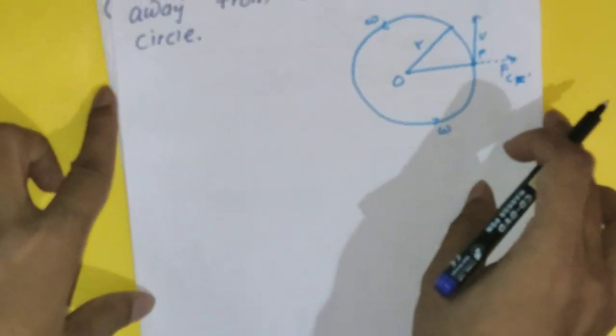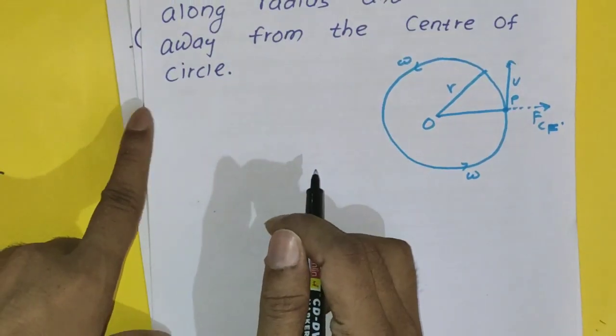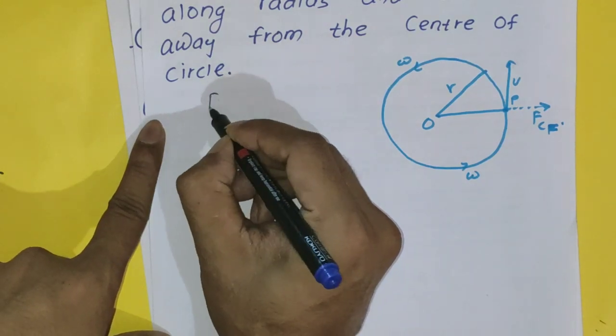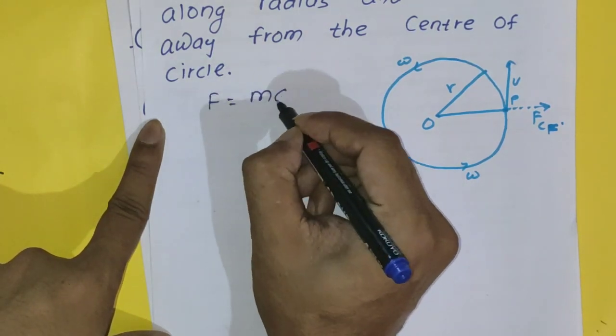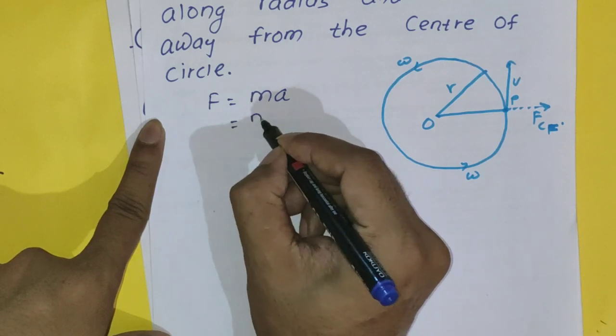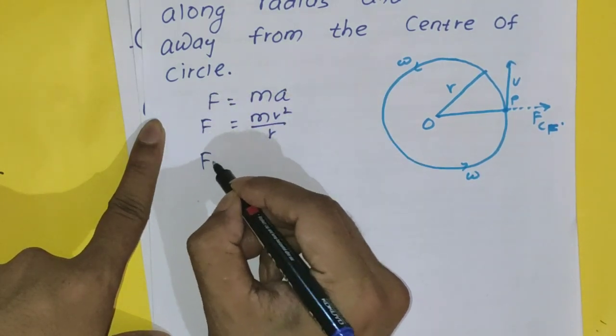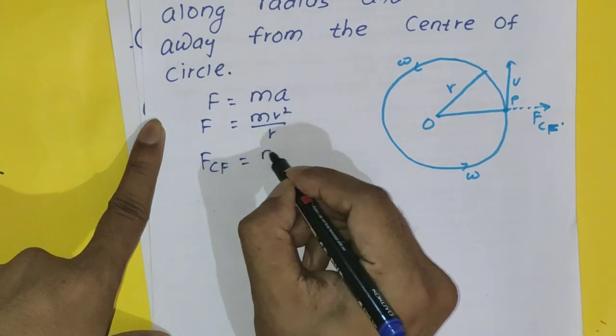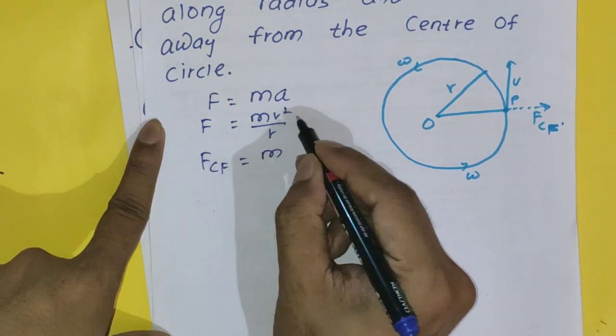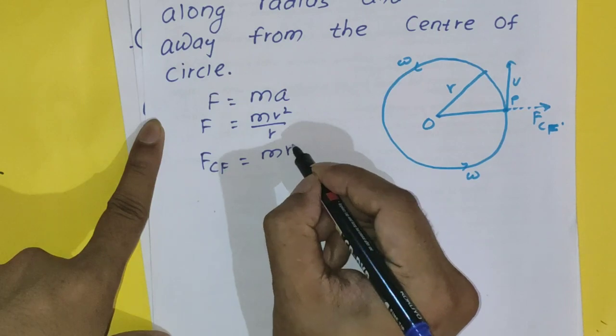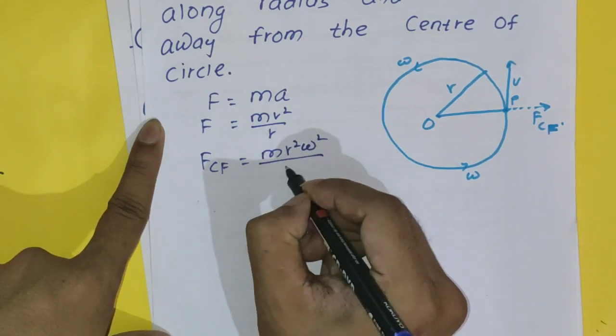So according to Newton's second law of motion, force is equal to mass into acceleration, mv square by r, and by putting the value of v, that is r omega, this becomes m r omega square.